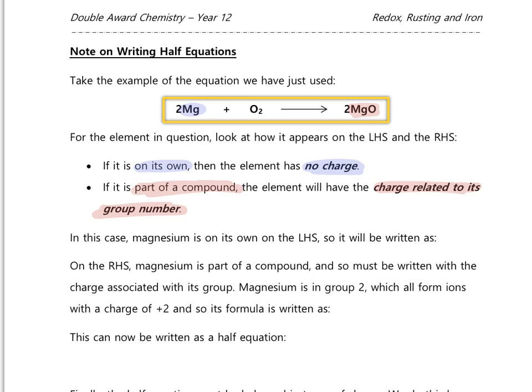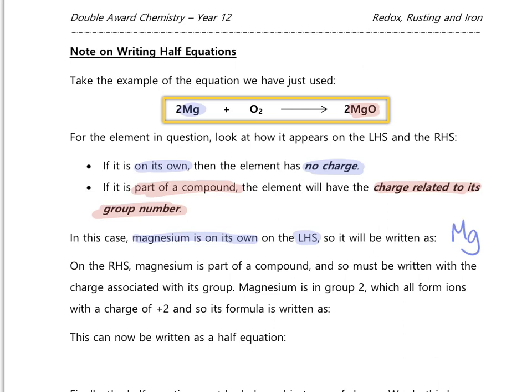So if we're trying to write a half equation from this balanced symbol equation, let's look at the left hand side first of all. We're just looking at what is happening to magnesium. On the left hand side, magnesium is on its own, so in our half equation it's going to be written as simply Mg, because if it's on its own, remember the element has no charge.